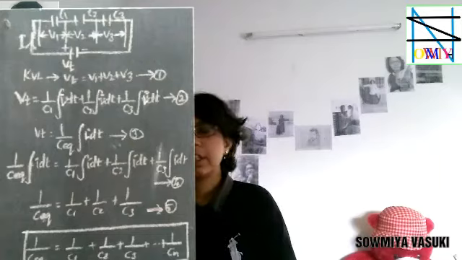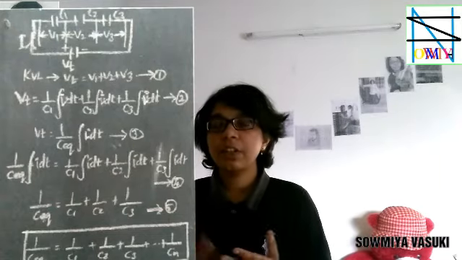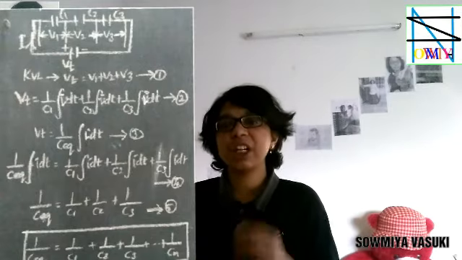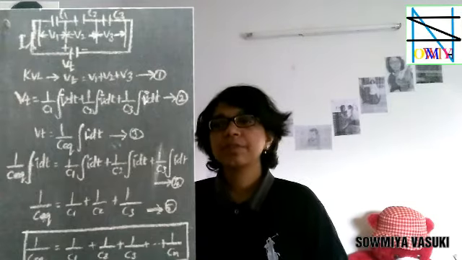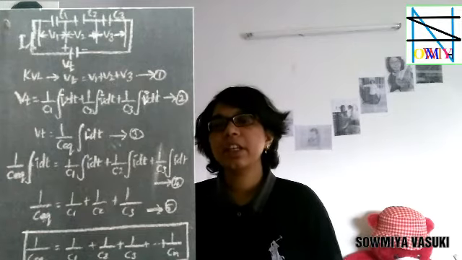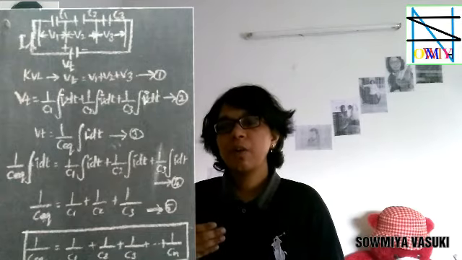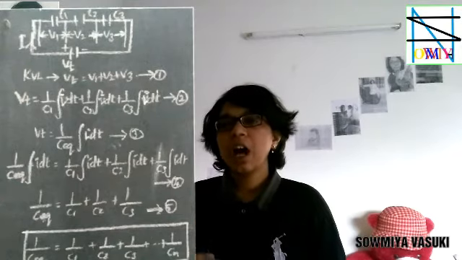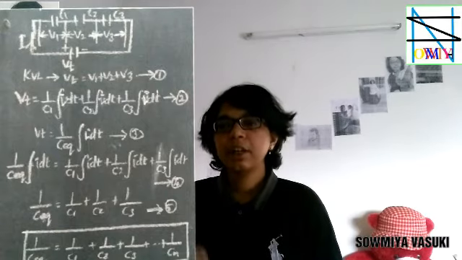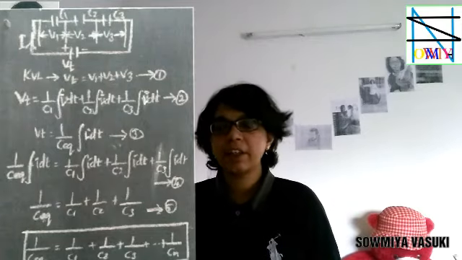Capacitance in series. Capacitances are connected in series. For example, consider C1, C2, C3 are connected in a series network. So applying Kirchhoff's voltage law in this network, V is equal to 1 by C1 integral of I dt plus 1 by C2 integral of I dt plus 1 by C3 integral of I dt.